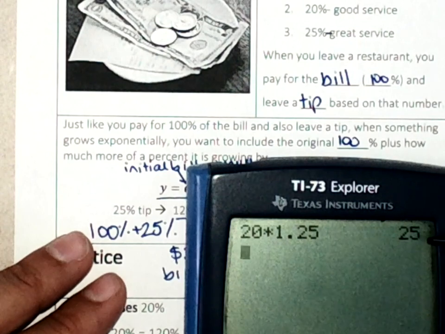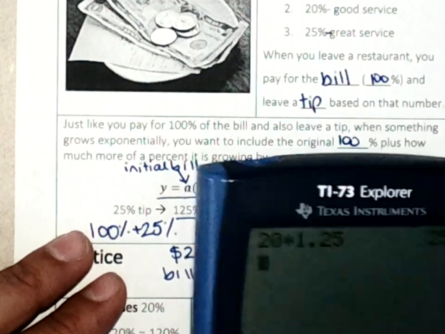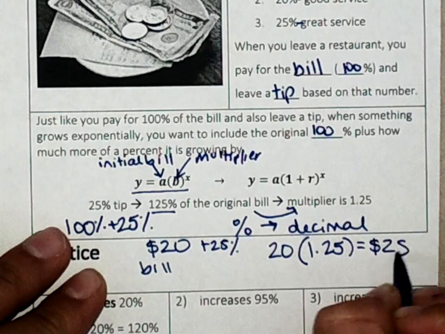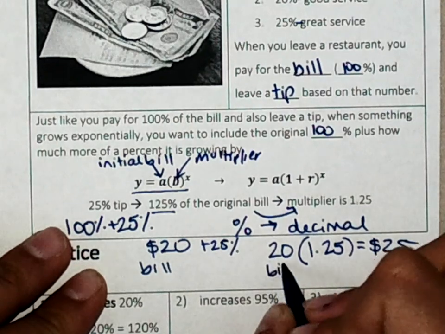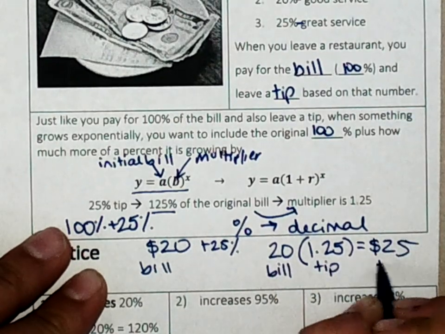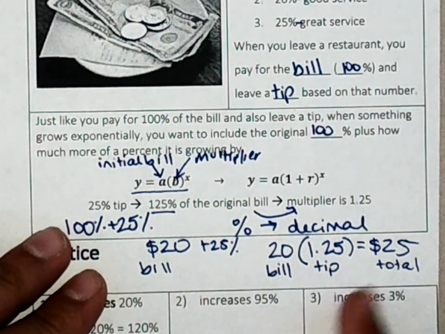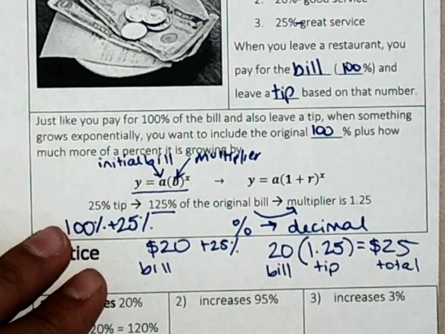And that gives me $25. 20 of that is the original bill, 5 of that is a tip to the waiter or the waitress. You can use this all the time whenever you go out to eat.